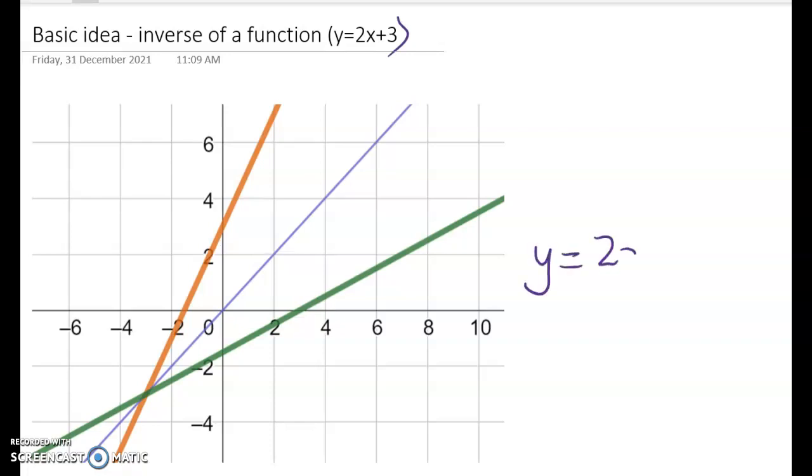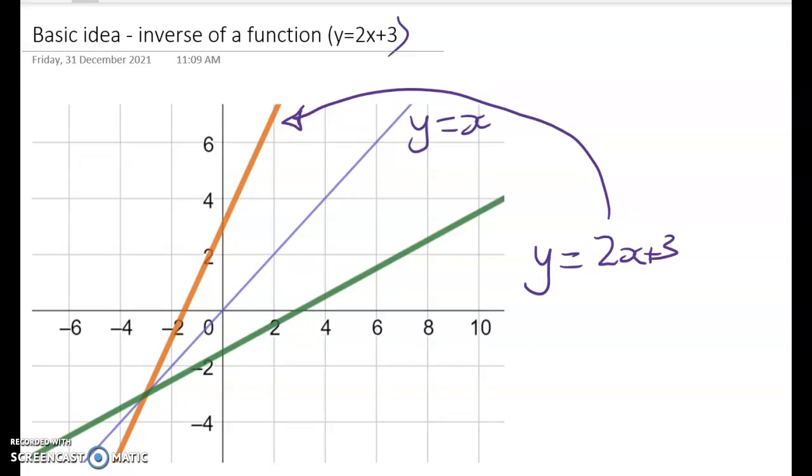If we have y is equal to 2x plus 3, that's this orange line here. So graphically what we mean when we're taking the inverse is instead of going from x to y, we're going to have things be the other way around. In other words, the inverse you can think of as the reflection in the y equals x line.